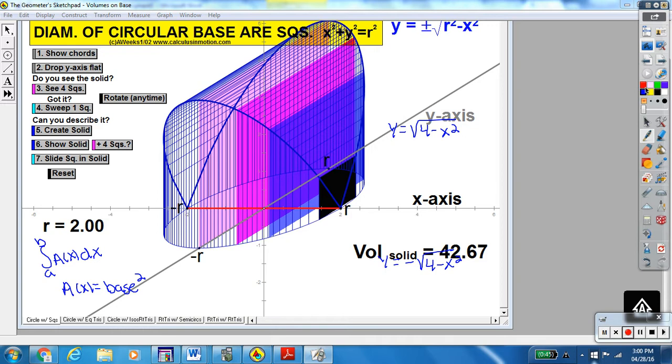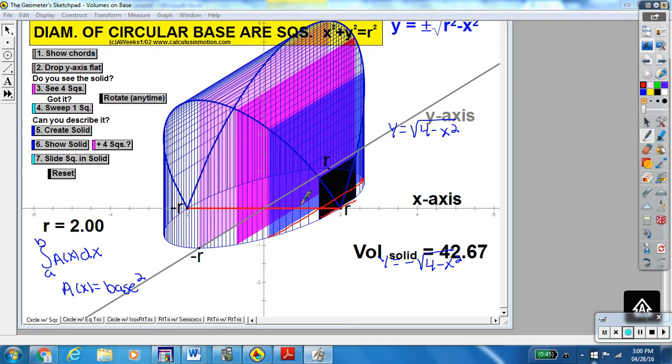And I'm going to ask you to think about what would then be the base of this square. Well, if I pick this blue square here, I'm going to get one answer. But if I pick the black square, I'm going to get a different answer. And the purple one or the light pink one, they're all going to have different sizes, because depending on where you are on the x-axis, that changes the size of the square.